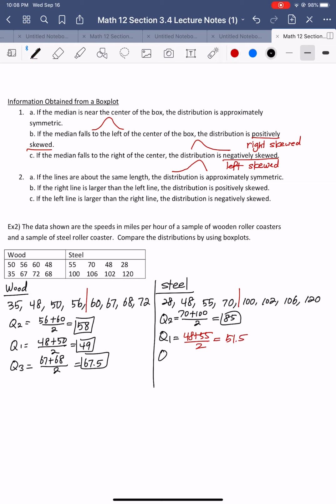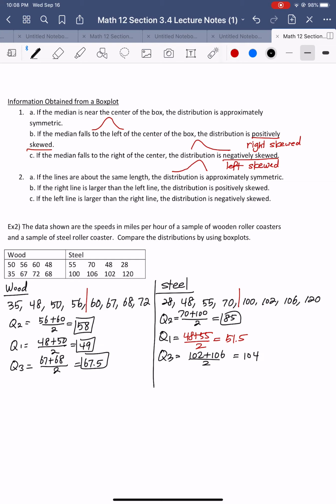And Q3 is the upper half, so 102 plus 106 divided by 2, and you get 104.